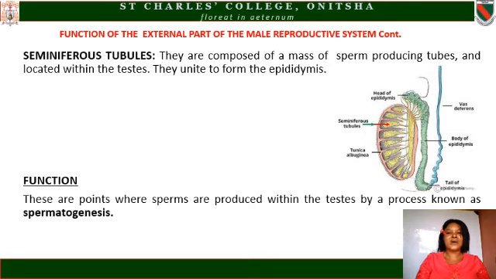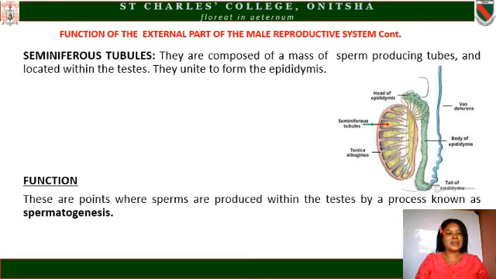They are composed of a mass of sperm-producing tubes and located within the testes. They unite to form the epididymis. If you look at this structure here, the red arrow indicates the location of seminiferous tubules inside the tunica albuginea. Tunica is a layer of connective tissue covering the testes.